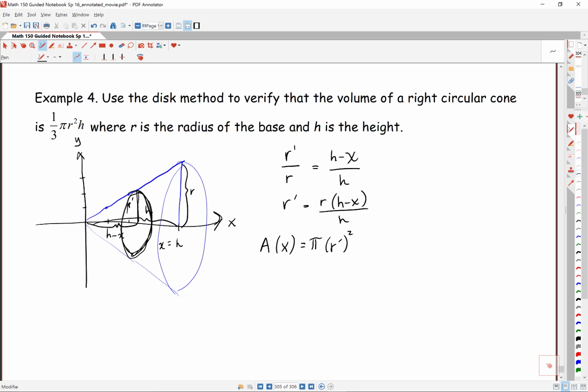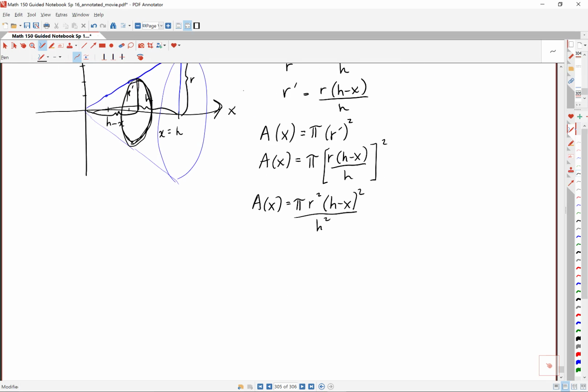And this in turn is equal to pi times r times h minus x over h, all of that squared. So A of x would be pi times r squared times h minus x, the quantity squared, all over h squared. All right, so far? Very good.